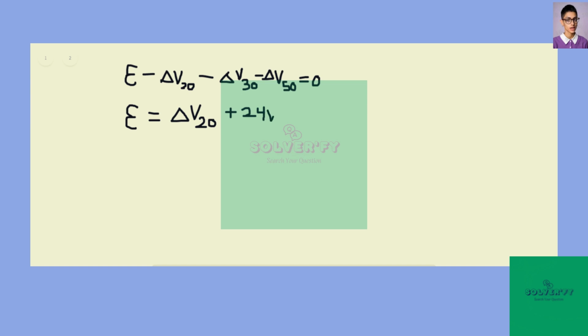Remember, the 24 volts is just the 9 plus the 15. Great. So now we have that. So now we just have to find this voltage drop across the 20 ohm resistor. And we're going to do that again with Ohm's law. So delta V is equal to IR. Great.